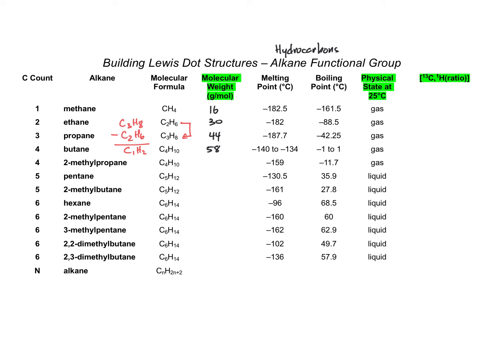Now what is new to us? Moving down this carbon count, we have one methane, we have one ethane, we have one propane. We have one for those carbon counts, right? 1, 2, 3. There's only one name listed. But when we get to the C4 carbon count, now there's 2. Butane and then 2-methylpropane.